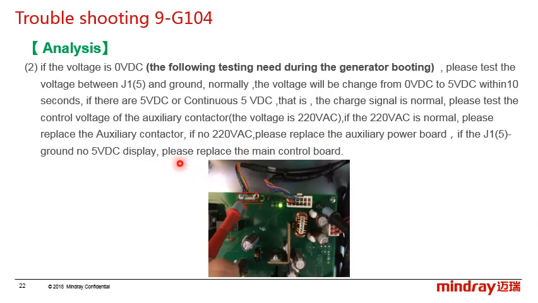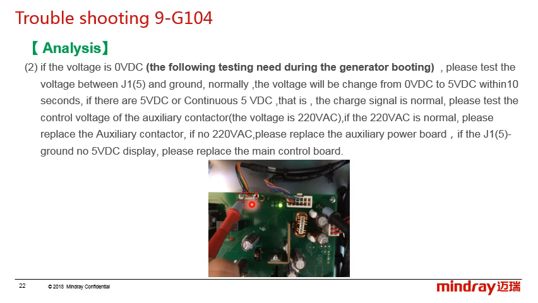Next, if the voltage is 0 volt, then we have to test the voltage between the J1 port 5 and the ground. Normally, the voltage will change from 0 to 5 volt within 10 seconds.